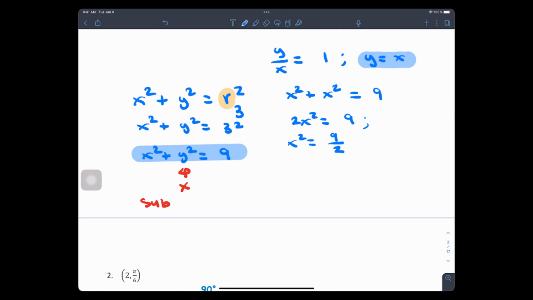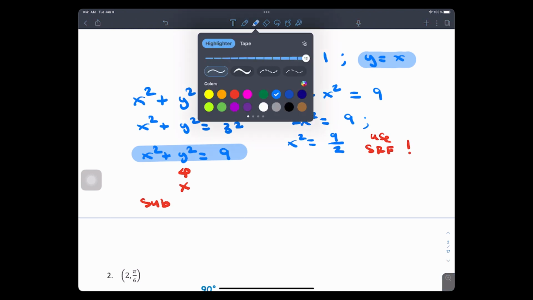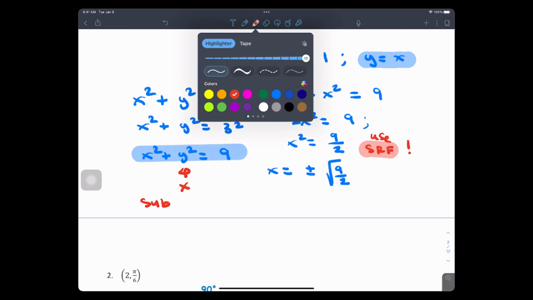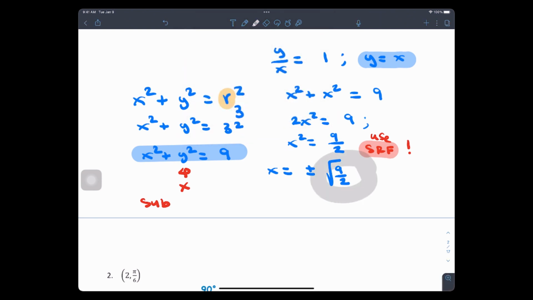So what do you do with this now to find that value? How do we get x? What do you guys use from algebra? You're going to use the square root formula. Outstanding. So x will now be plus or minus the square root of 9/2. We have to do our algebra here.